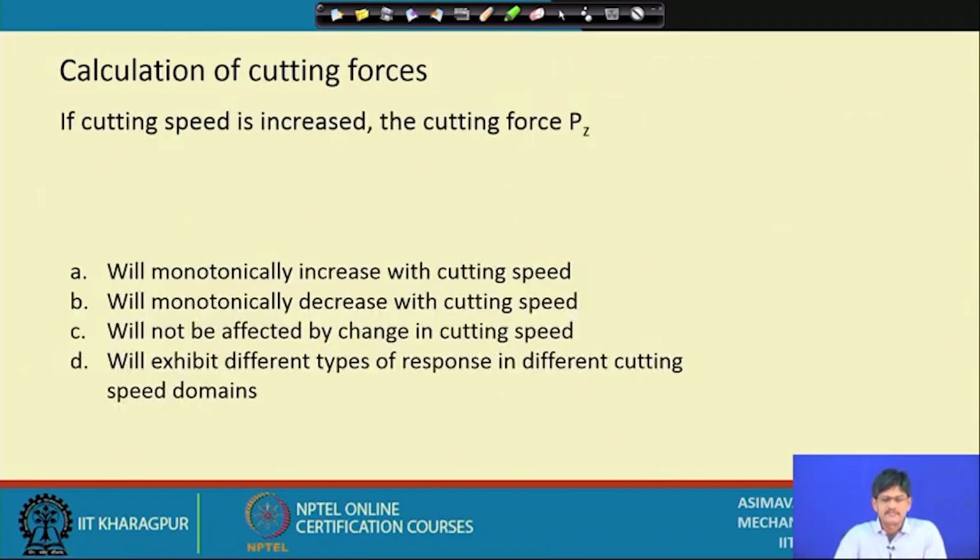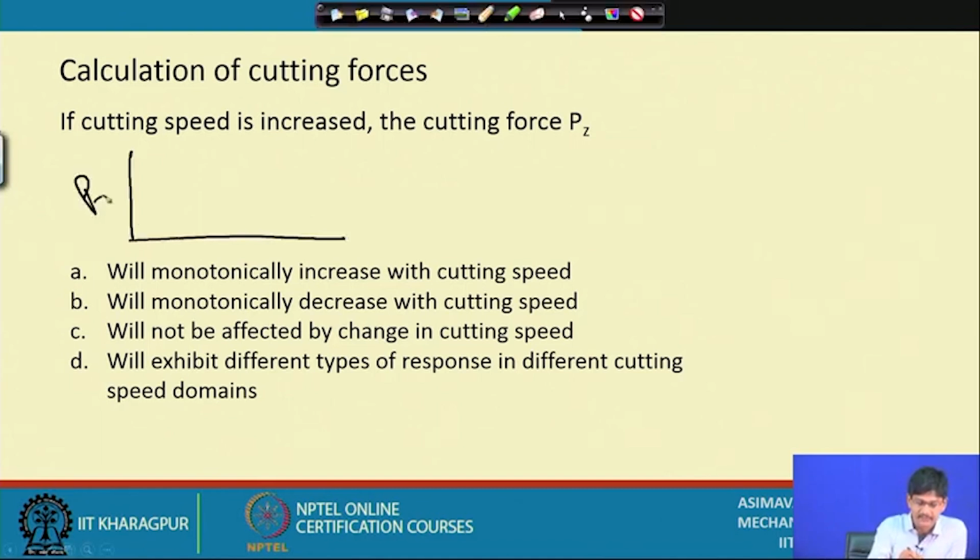Next, if cutting speed is increased, the cutting force Pz will monotonically rise with cutting speed. That means, what we are suggesting here is this, that if we plot Pz for the time being and this is Vc, in that case we will find that if cutting speed is increasing, Pz will monotonically increase with it.